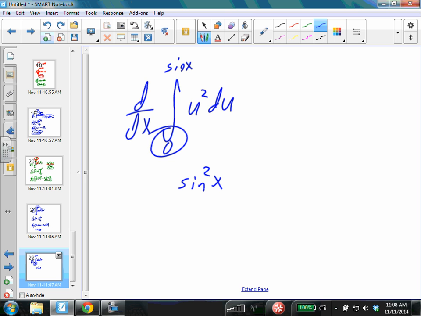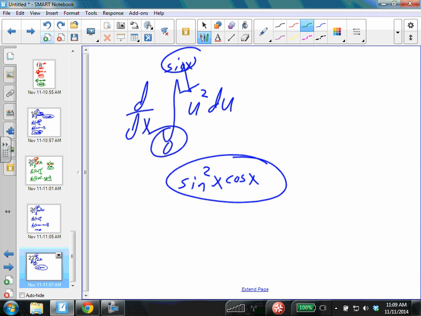Cosine. What should we do with the derivative of this thing that we plugged in? Which would give us cosine x. Okay? Plus. Everybody okay with that? No minds blown so far?